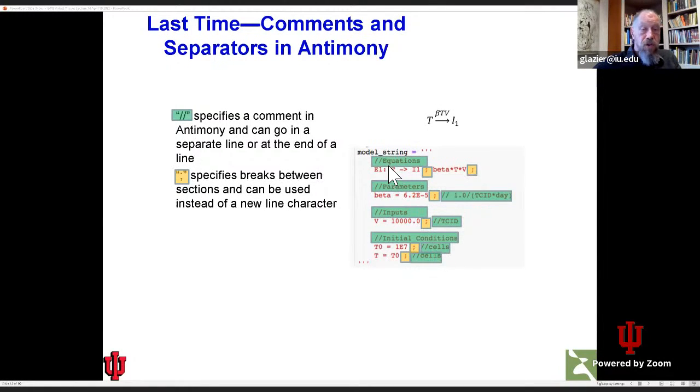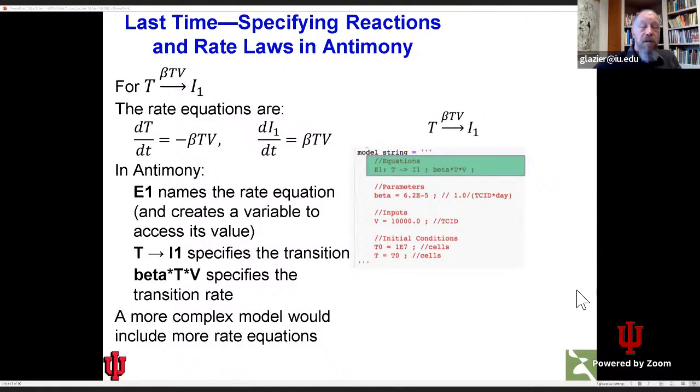We can also use hash instead of the double slash for comments. Semicolon is the line break or section break. The fundamental idea is the rate equation. It doesn't have to be named, although I encourage you to name them. Something goes to something with an arrow, and then a rate law.